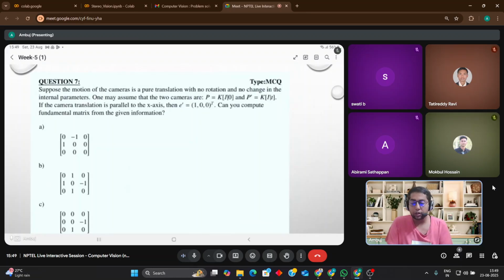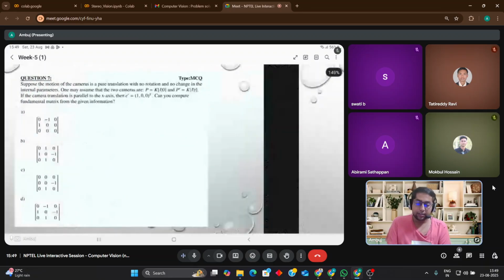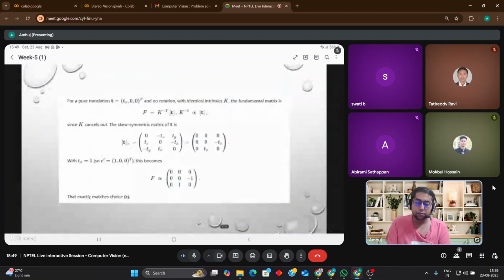Very interesting. The direct relation you have to use is the skew-symmetric matrix of E dash, which has been given to us. For pure translation and no rotation, with identical intrinsics K, the fundamental matrix F will be K inverse transpose multiplied by the skew-symmetric matrix T multiplied by K inverse.